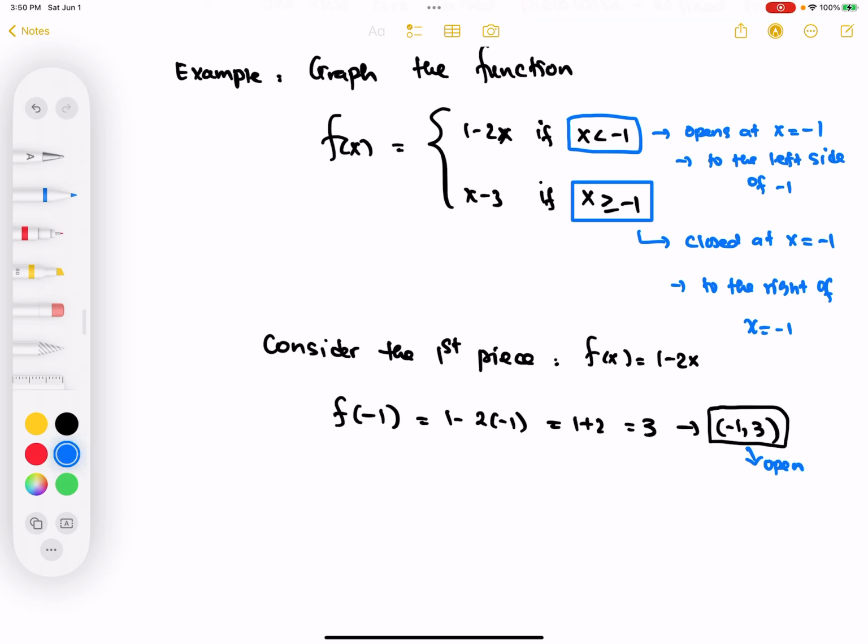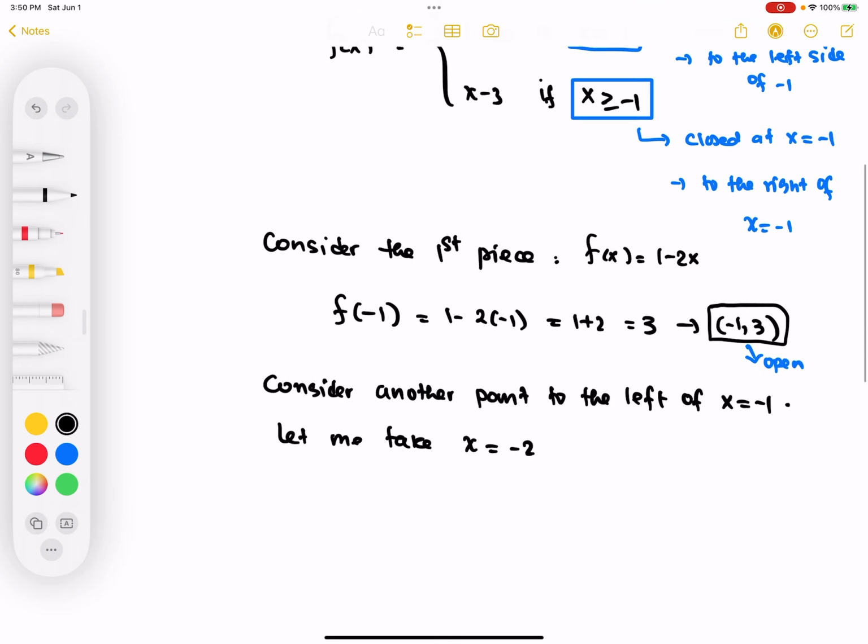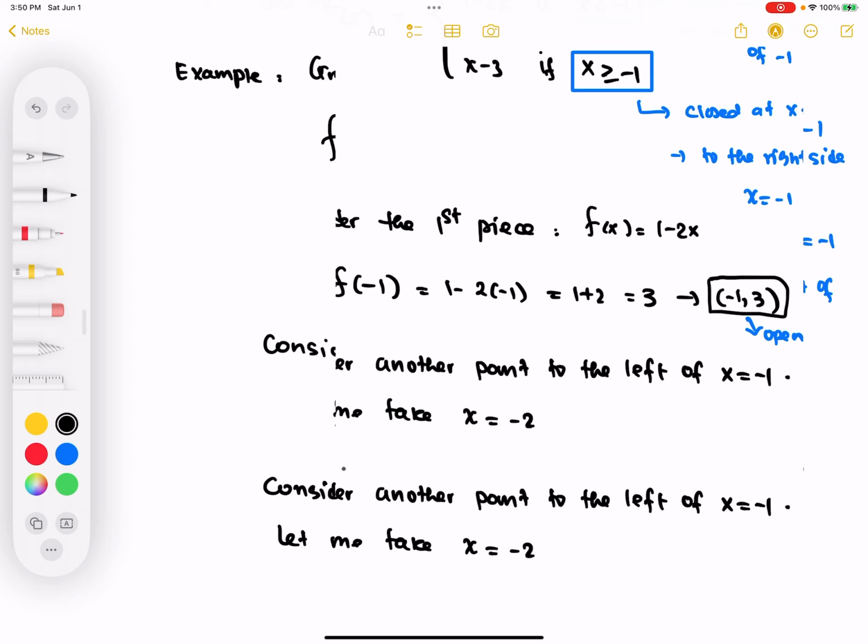Now the second thing, consider another point to the left of x equal to negative 1, because the first piece is defined only for the left side of x equal to negative 1. Let me take a simple number, for example, x equal to negative 2, which is on the left side of x equal to negative 1, and evaluate the function.